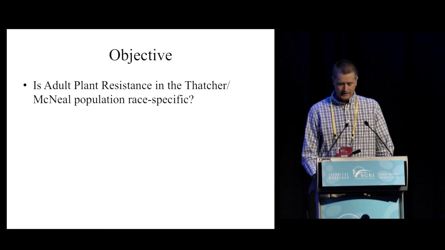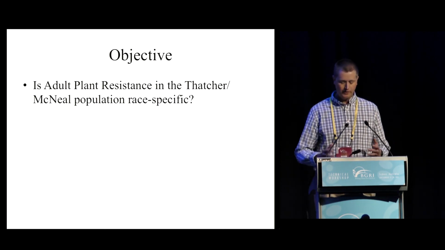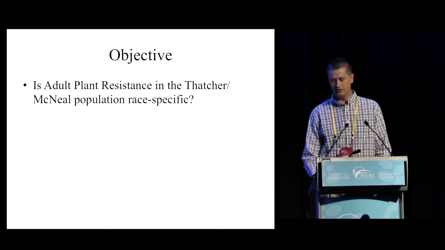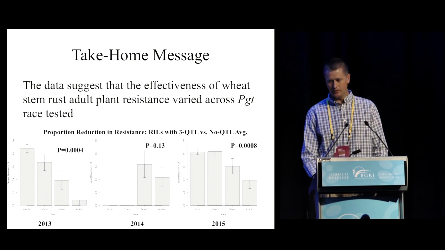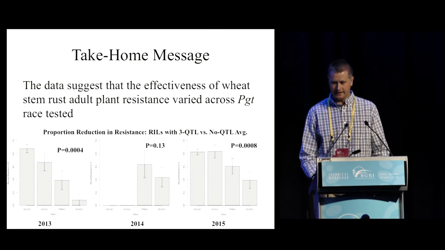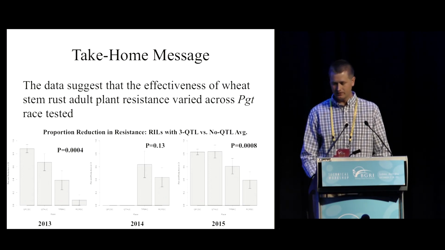Most importantly, how did we address our objective of is adult plant resistance in the Thatcher McNeil population race specific? And I'd like to conclude with this take-home message that the data suggests that the effectiveness of wheat stem rust adult plant resistance varied across PGT race tested.